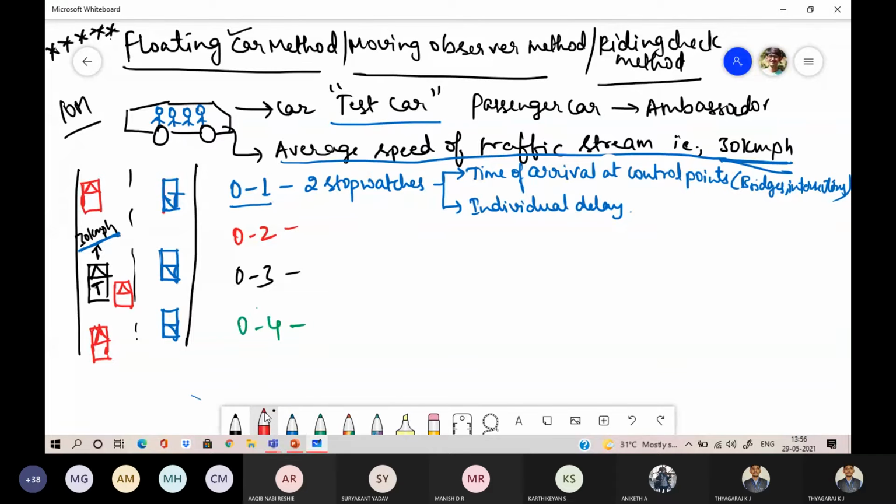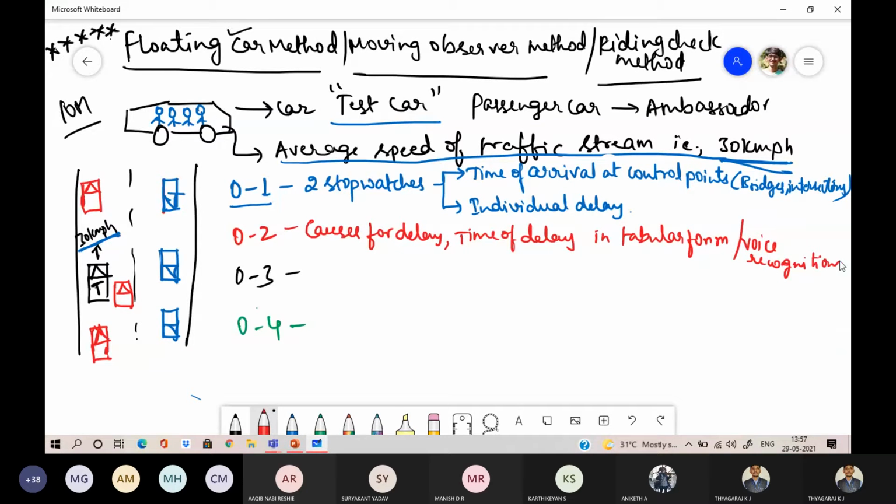The second observer will be recording the causes for delay and the time of delay. These are recorded in tabular form or through voice recognition.